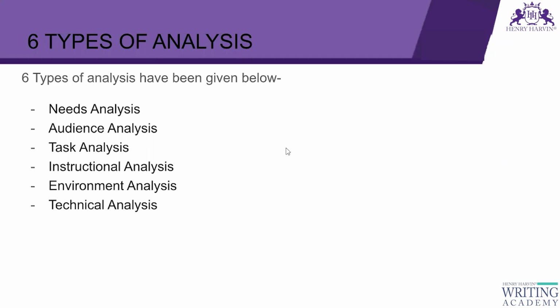In most of the interviews, they will ask what are the TNAs and TNIs, and how you identify them. The 6 types are: training need analysis, audience analysis, task analysis, instructional analysis, environmental analysis, and technical analysis.